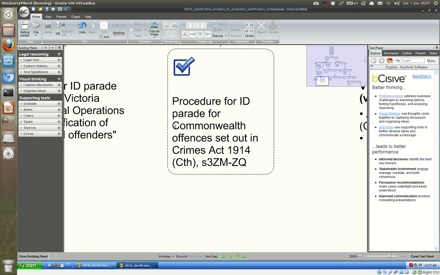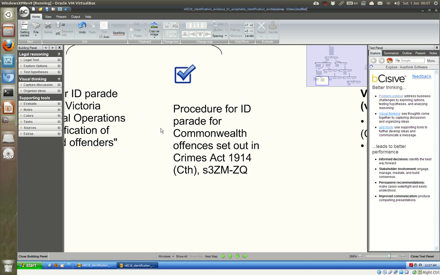And if the police are referring to the Commonwealth Crimes Act, then the procedure for identification parade, which is very similar to the procedure set out by the Victorian Police, is set out in sections 3ZM to 3ZQ.